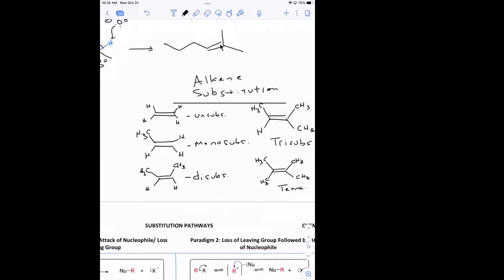The thing about alkenes is that the more substituted they are, the more stable they are.